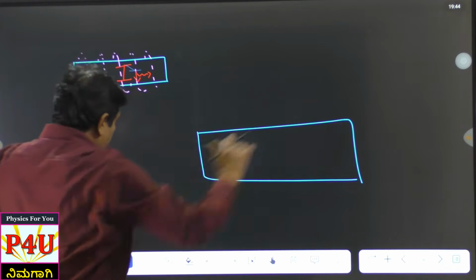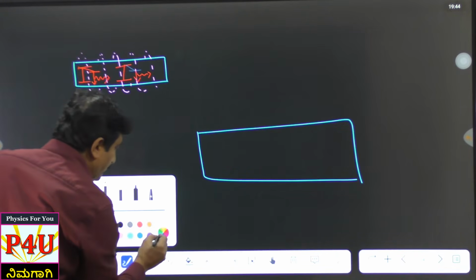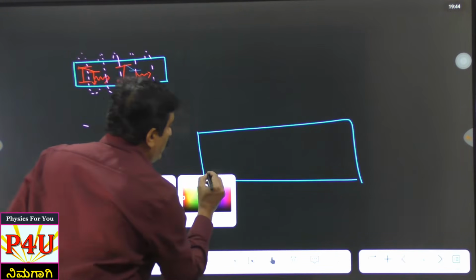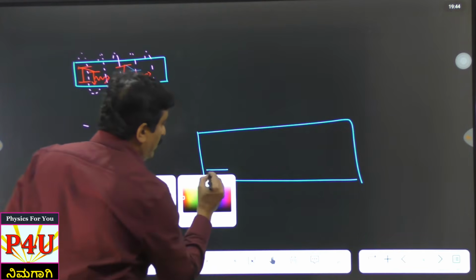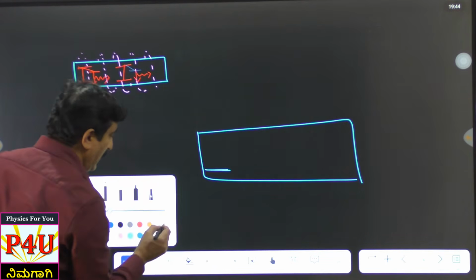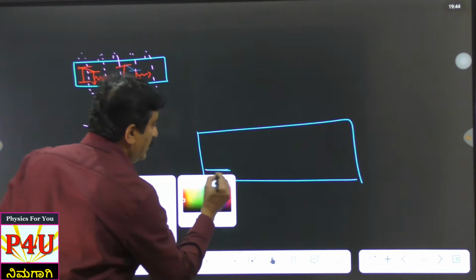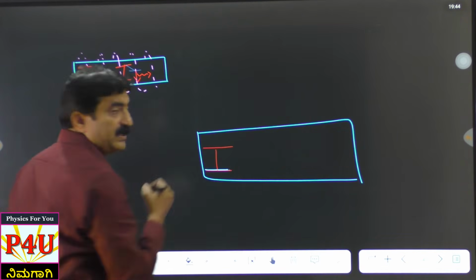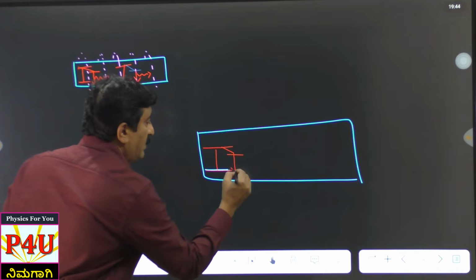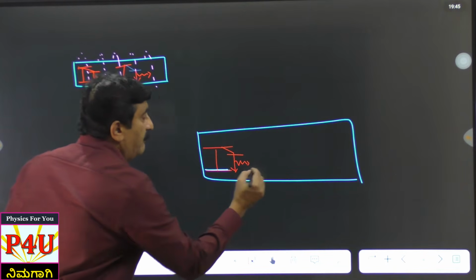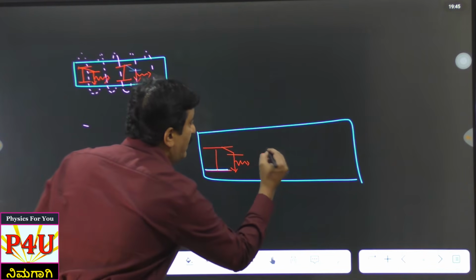This is a ruby rod. Well, somewhere here one chromium atom is going to a higher level. From there it is coming to metastable and then coming down, and laser is emitted. Meanwhile, this process is not yet completed.